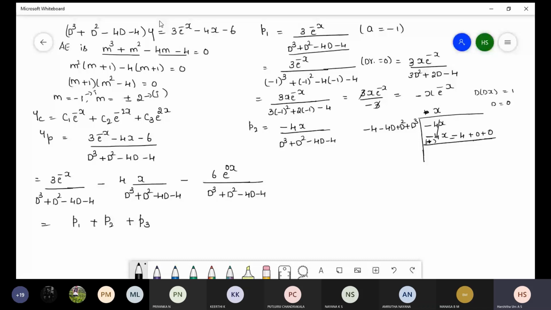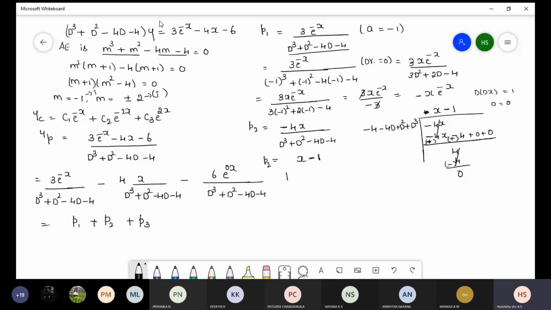Again here plus 4. Now to get plus 4, we have to multiply minus 4 into minus 1, so here we get 4. Again change the sign: 0, because the differentiation of a constant term is 0. So we get P2 is equal to x minus 1, because the minus I also considered. So I got x minus 1.